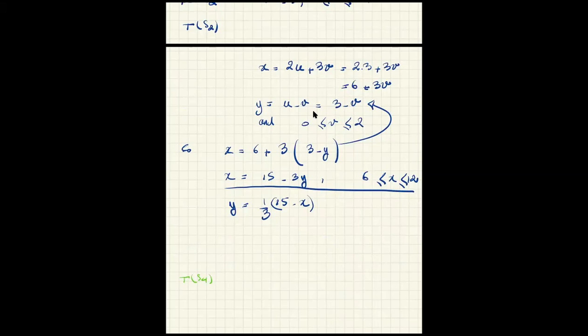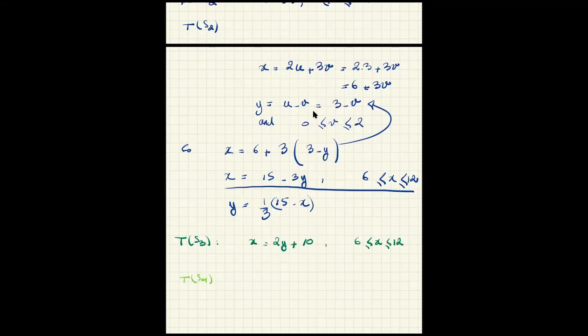Okay, TS4. Okay, TS3 is, you're supposed to get x is equal to 2y plus 10, and x is between 6 and 12.